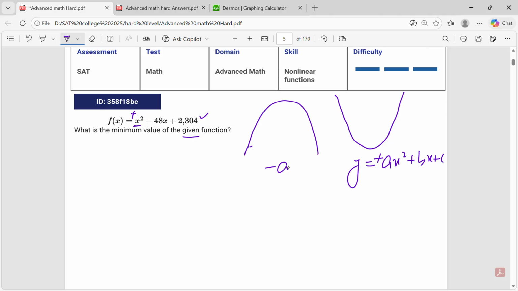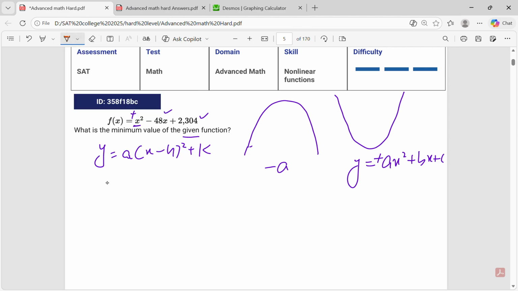Now to find the minimum value, we will have to write this in vertex form, and vertex form is like this: y is equal to a times (x minus h) squared plus k. So you'll have to use completing the square here.